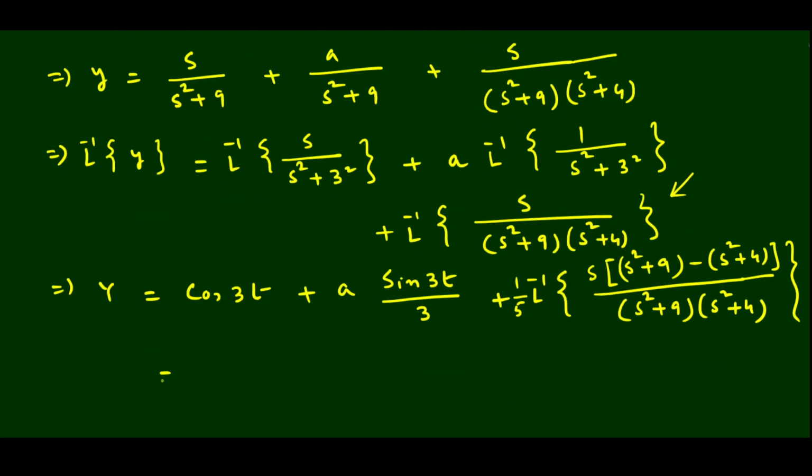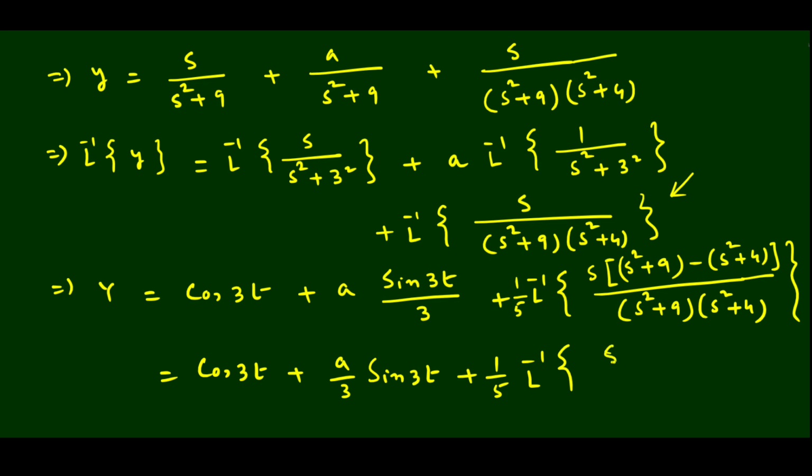So this is equal to cos 3t plus a by 3 sin 3t plus 1 by 5. Now see, we can separate this one. L inverse of, if we divide this term, s into s square plus 9 divided by the denominator, so s square plus 9 and s square plus 9 will be cancelled out.